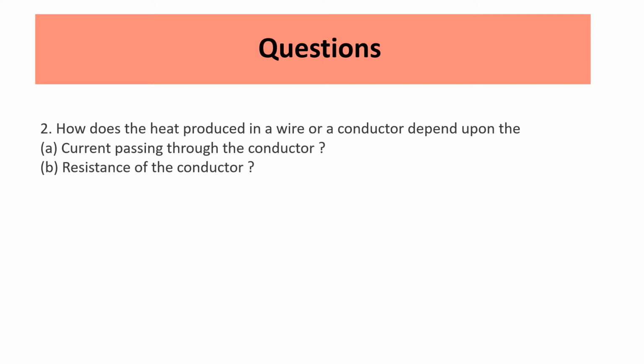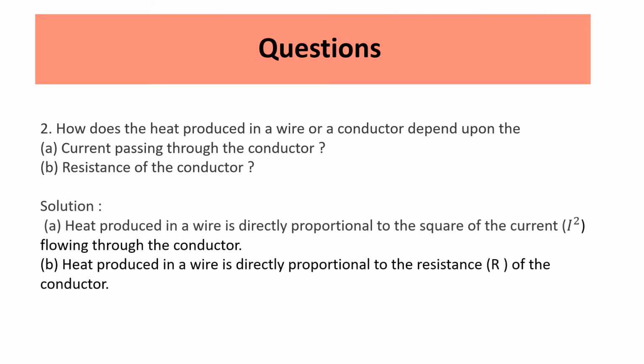Second question, how does the heat produced in a wire or a conductor depend upon A part, current passing through the conductor, B part, resistance of the conductor. We know the expression for heat as H is equal to I squared RT. From this expression, you can easily answer this question. The heat produced in a conductor is directly proportional to the square of the current, and it is also directly proportional to the resistance of the conductor.